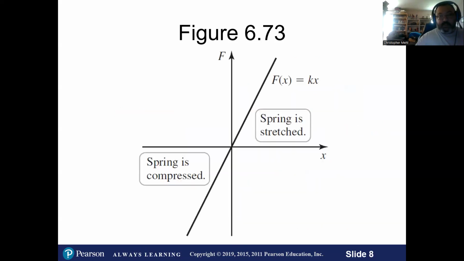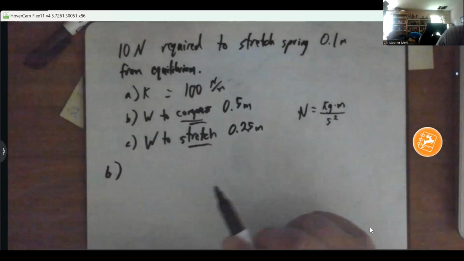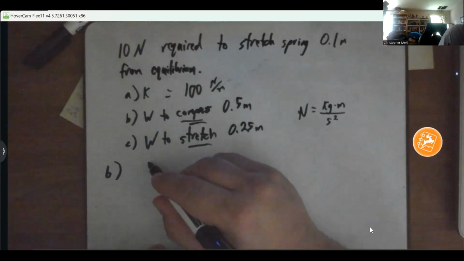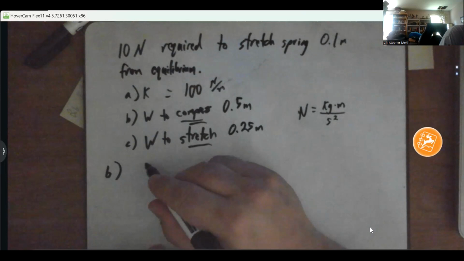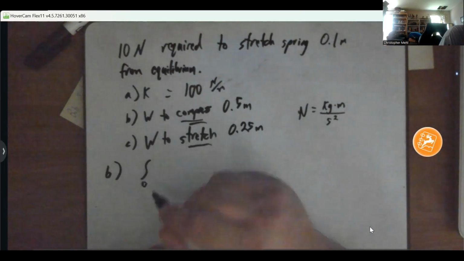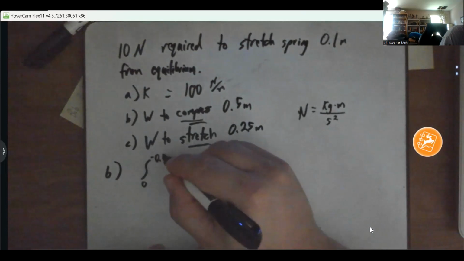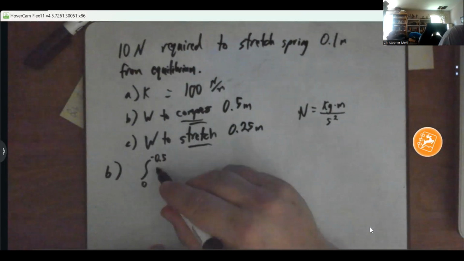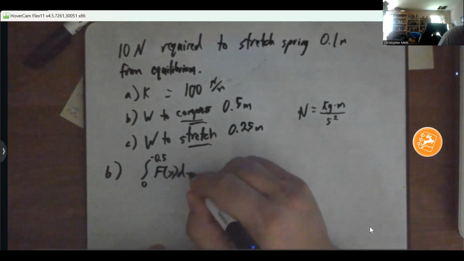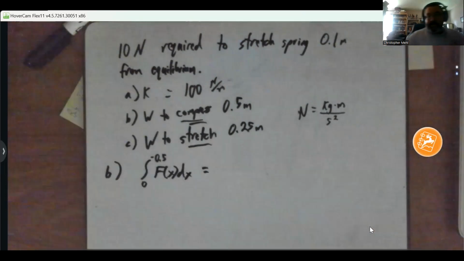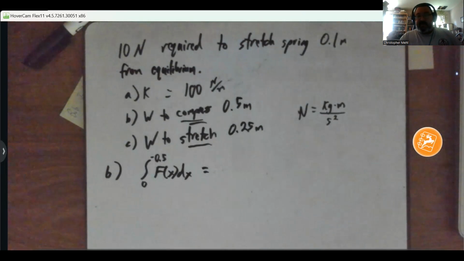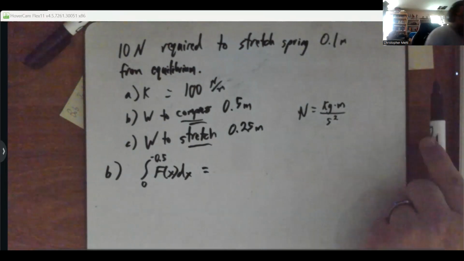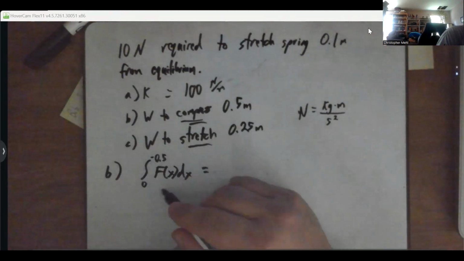Jumping back over to the board here. Okay, now I want to compress it 0.5 meters, which means I want to go from 0 to negative 0.5. And it's the integral of f of x dx. Well, f obeys Hooke's law, so Hooke's law is k times x.